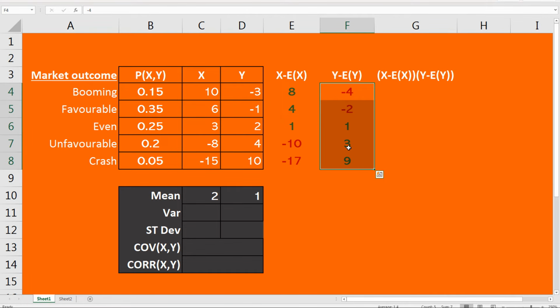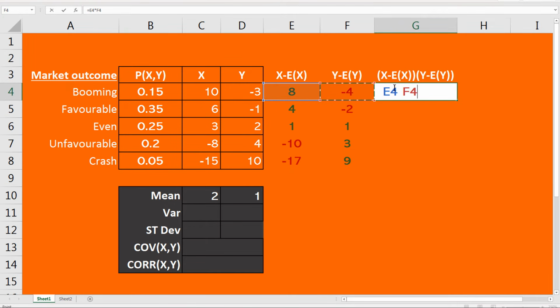But if they're going in opposite directions, as most of these look like they're doing, then we know that's probably going to be a negative correlation. So let's find out. So here I can simply go equals that cell times that cell. Sorry, it's whited out my formula there, but you just go equals one cell times the other cell. And then you can drag that down.